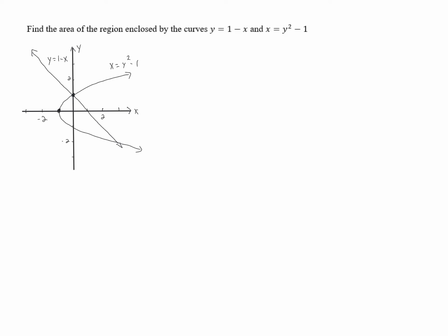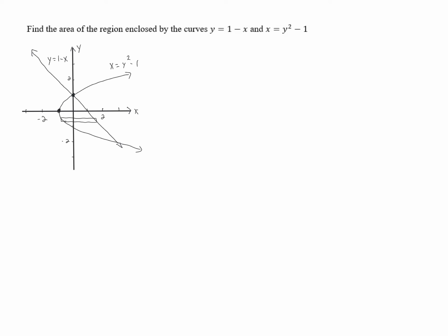So what we're actually going to do is integrate, thinking about x as a function of y. We're going to write both of these with x as a function of y, and we're going to integrate with respect to y. So we're flipping everything around. It is a different ball game here.